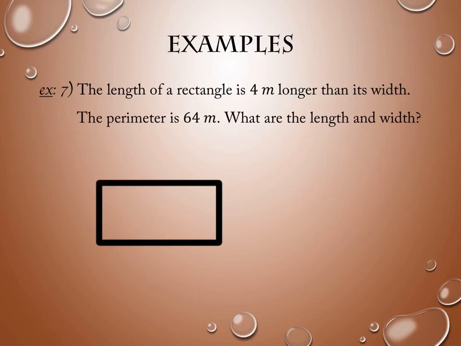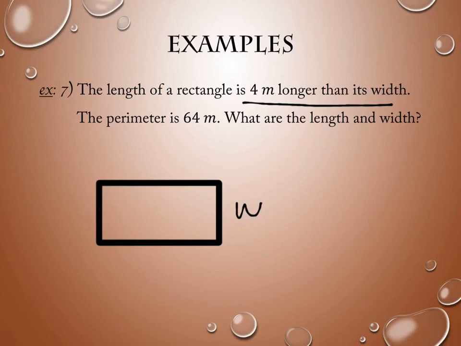It's either length or width. The width. You were right, Alyssa. Because it actually tells me something about the length. It tells me that the length is 4 meters longer than the width. I still don't know what it is in terms of a number value, but I know something about it.